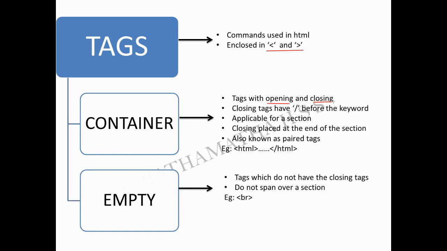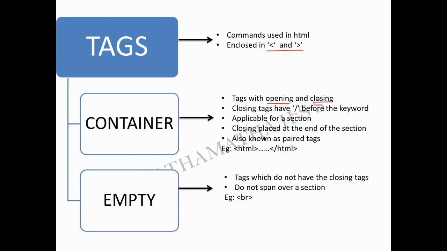Closing tags have a forward slash before the keyword. This is applicable for a section. That is, not just a particular word, you can write paragraphs and paragraphs in between, and inside it you can again have as many tags as you want. So what we use for a section is your container tag.